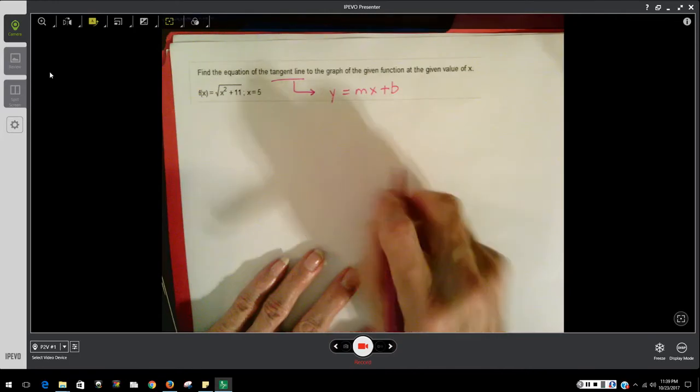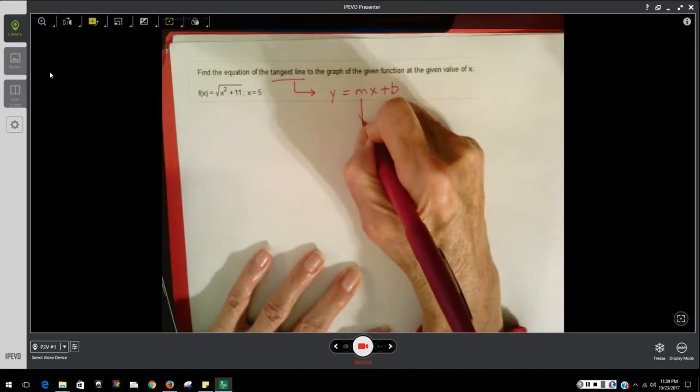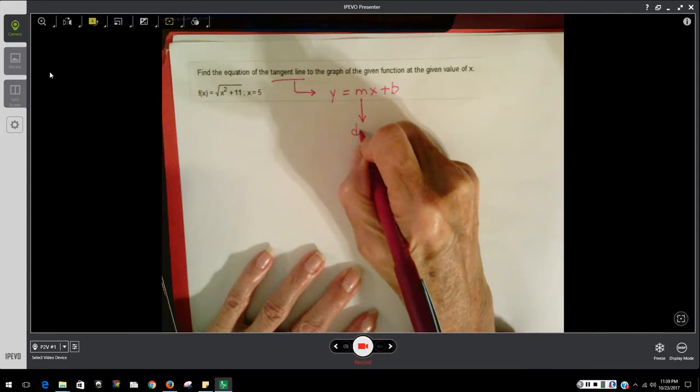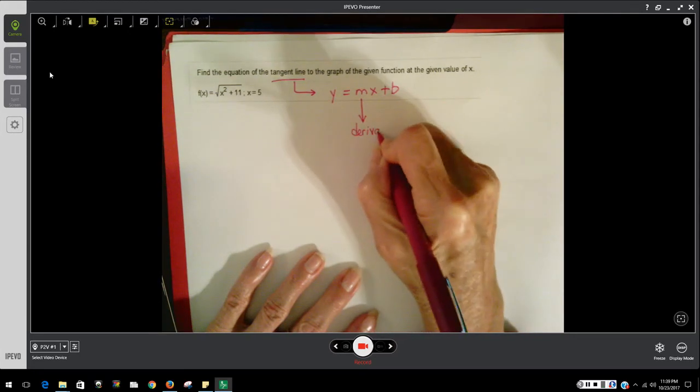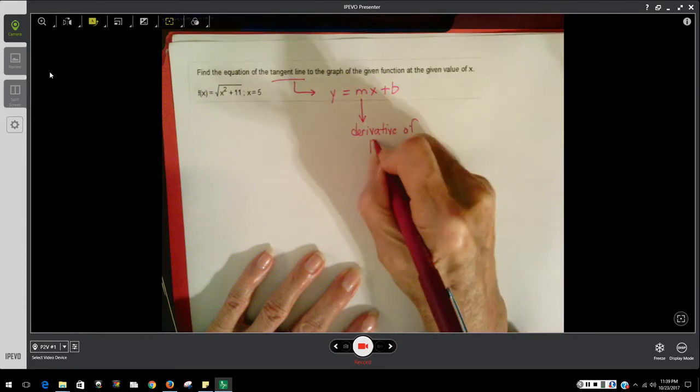And since it's a tangent line, we can find the slope of the tangent line by finding the derivative of f of x.